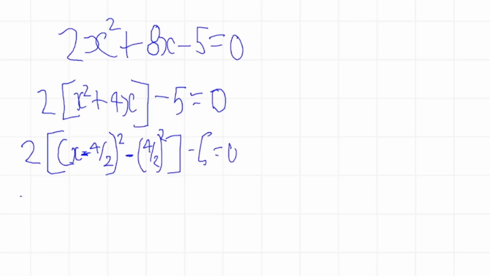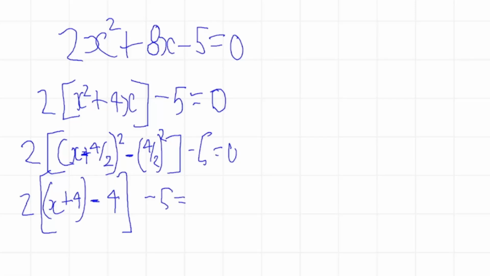So then what this is, it's 2, x plus 4, that's meant to be a plus, x plus 4 squared, minus 2 squared, which is also 4, minus 4, minus 5 equals 0. And then you simply expand it to 2 times x plus 4 squared.